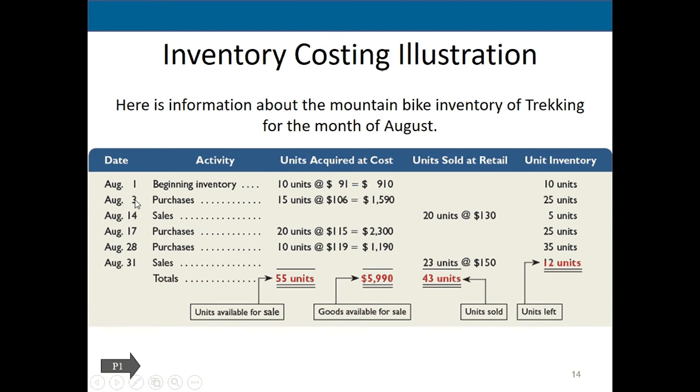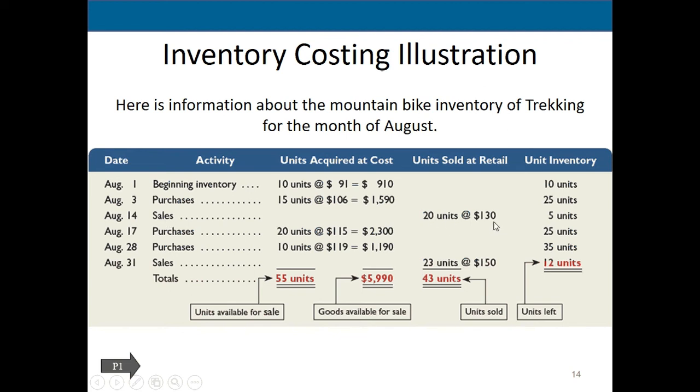But on August 3rd, I purchased another 15 units for my inventory, and they cost me $106 per unit, and that's a total of $1,590. So obviously, if I add these two things together, it gives me my total value of inventory, and I have 25 units on hand. Here on August 14th, I sell 20 units.